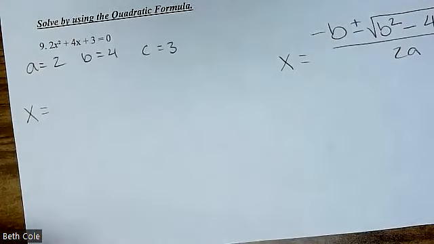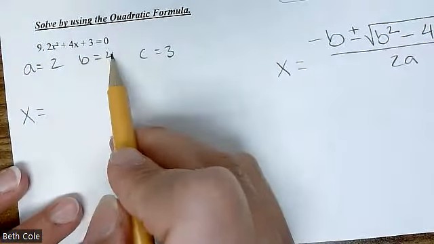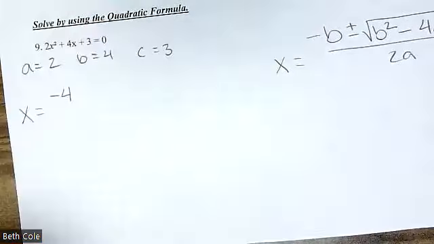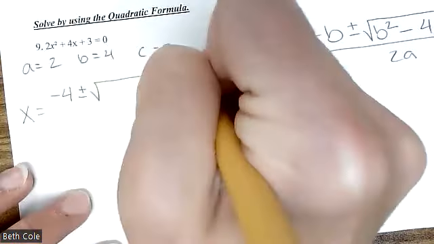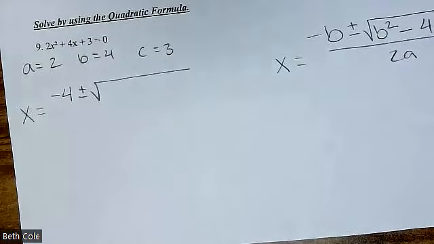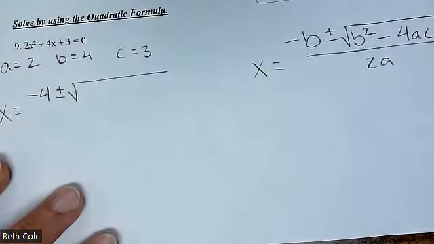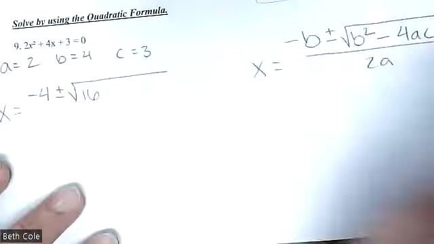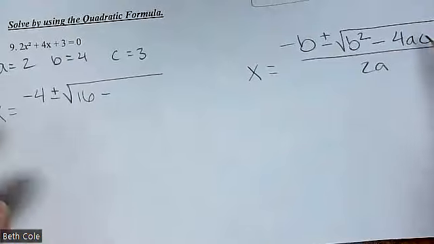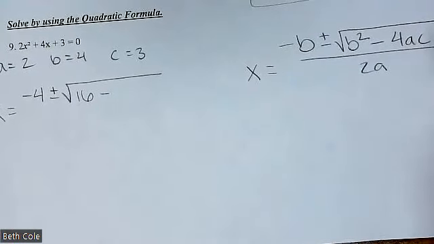Stay organized. All right, so -b, that would be -4 plus and minus. Draw a gigantic square root. Underneath there, b squared. That would be 4 squared, which is 16, minus, now it's 4 times a times c.